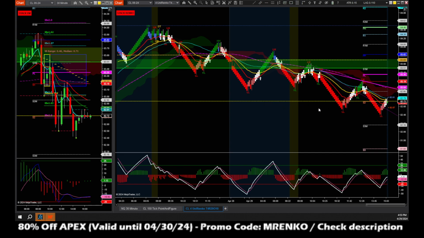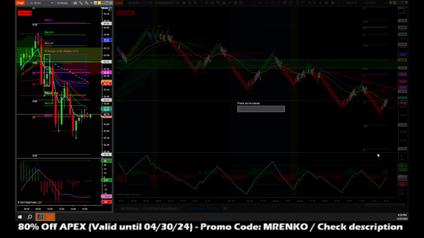So you don't have permission, let's put it that way, to enter that one. Then you go up here. There's a potential wick right there, but you are moving above the zero line on the momentum here.